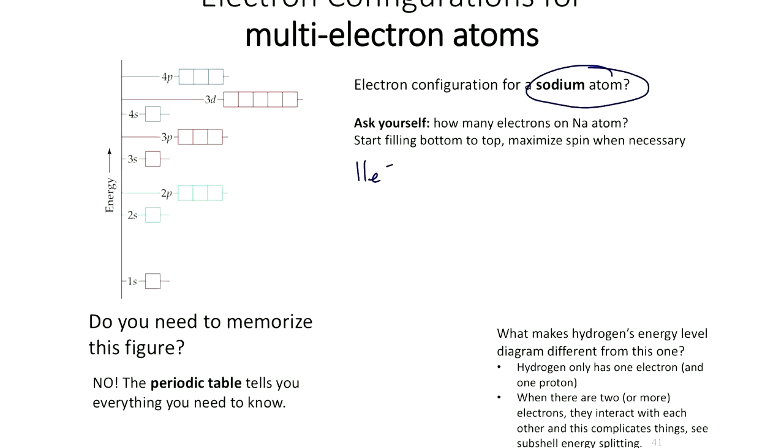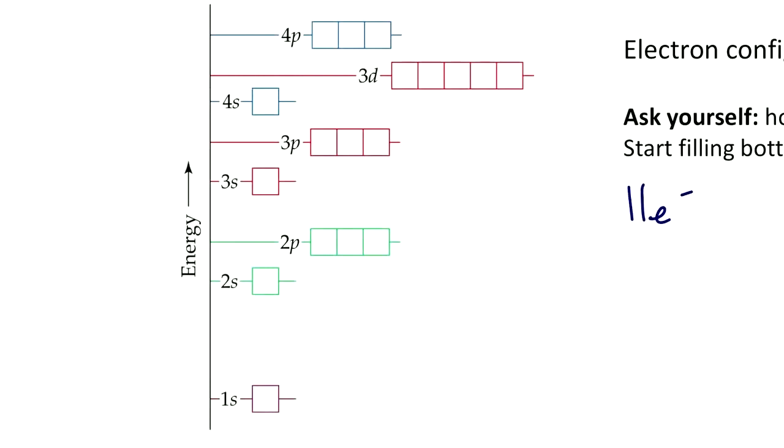That's it. Okay, so where are we going to place them first? In the 1s. So we go 1, 2. Okay, that's filled up. Remember, 2 electrons in a box. Where do the next electrons go? 2s. So 1, 2, 3, 4. Then where do they go? 2p. So here's 5. Where am I going to put my 6th electron? Next to it.